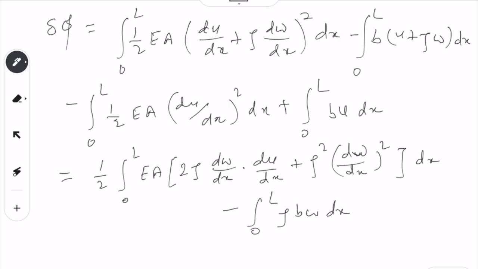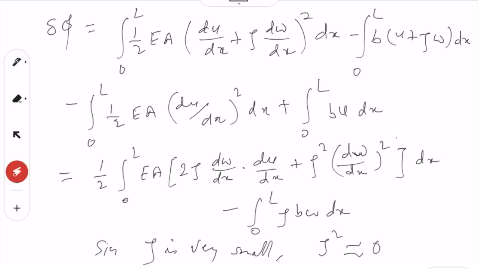But zeta is very small, so zeta squared can be taken as 0. That means this term will go away, and what we will have is simply this.